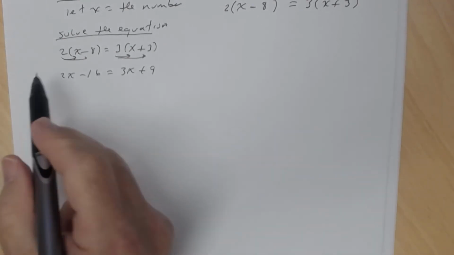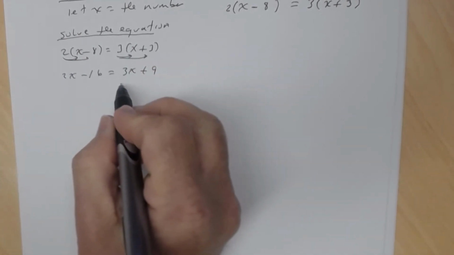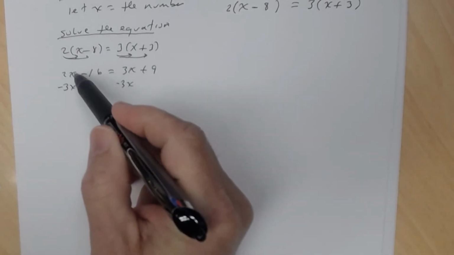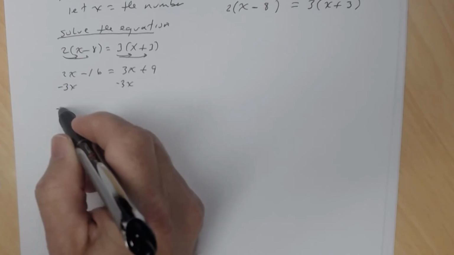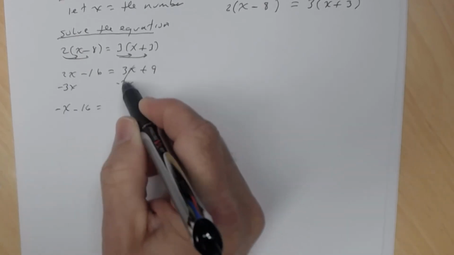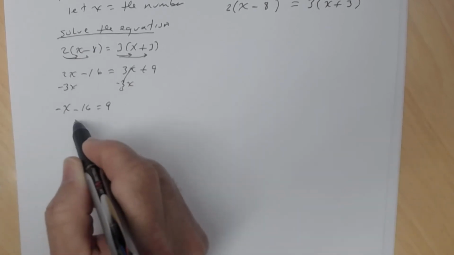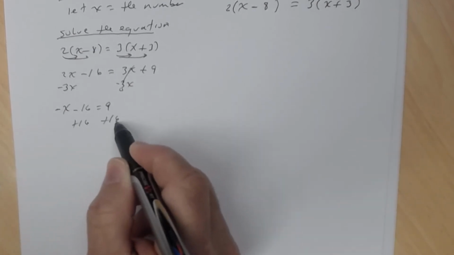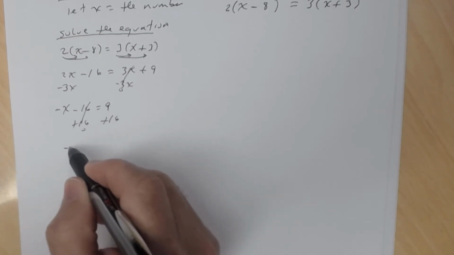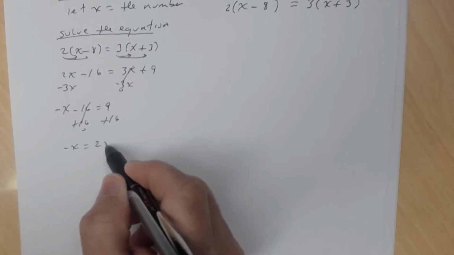If you want to bring them to the left, you just have to be careful. When I subtract 3x from both sides, 2x subtract 3x is negative x, minus 16 equal 9. Now if I add 16 to both sides and combine like terms, I get negative x equal 25.